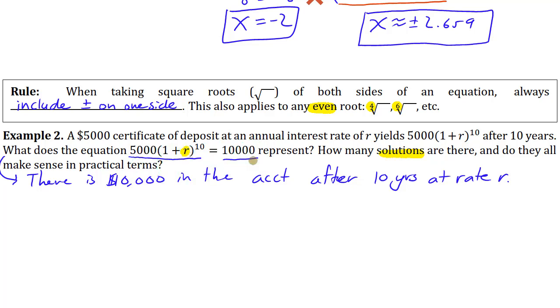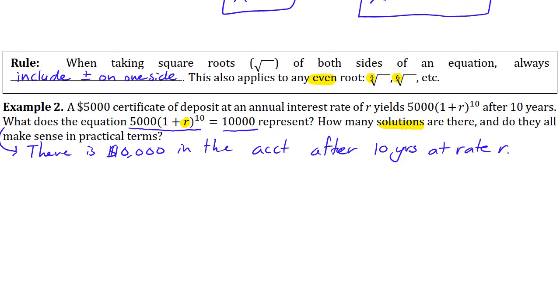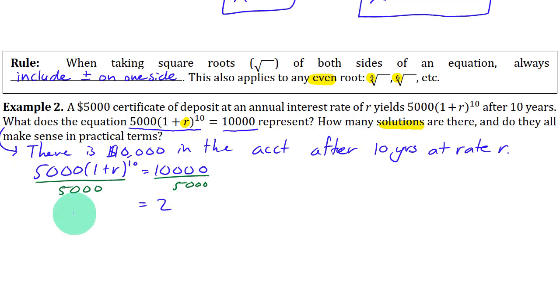So what is the interest rate that makes it so there's $10,000 in the certificate of deposit account? So we're going to try to solve this to see how many solutions there are. So what I would do is divide both sides by 5,000 first. And that's going to give you 2.